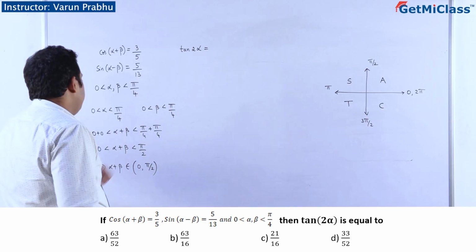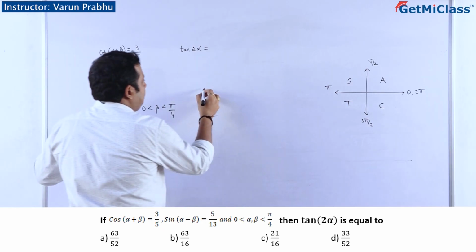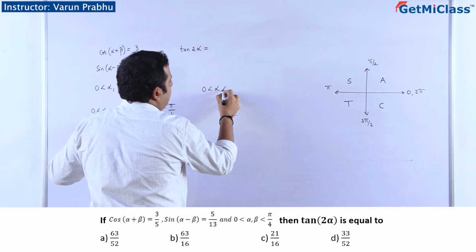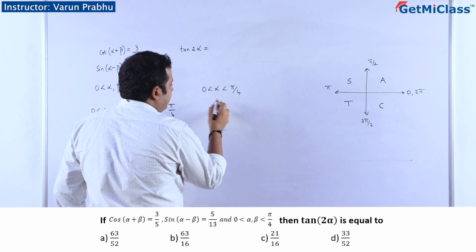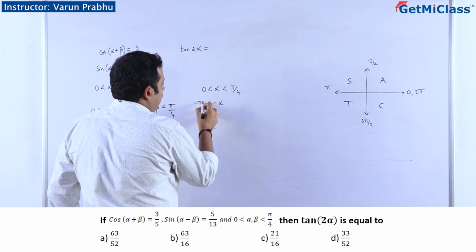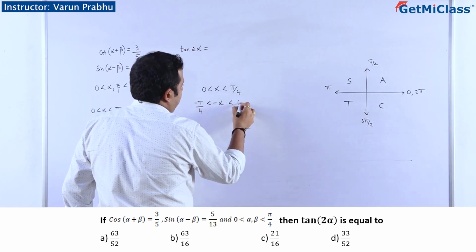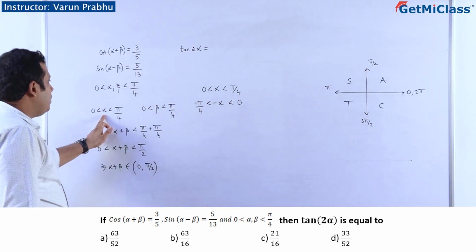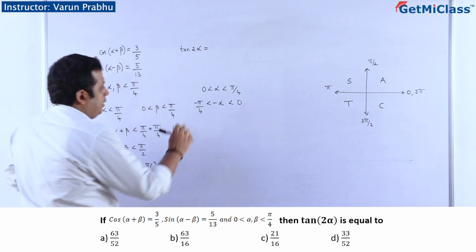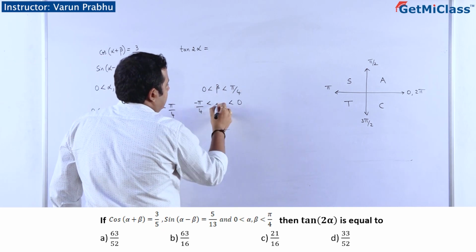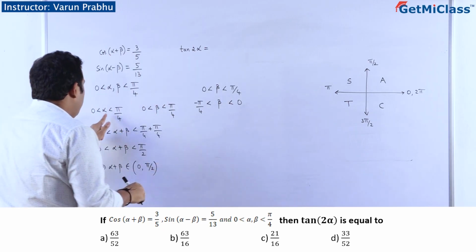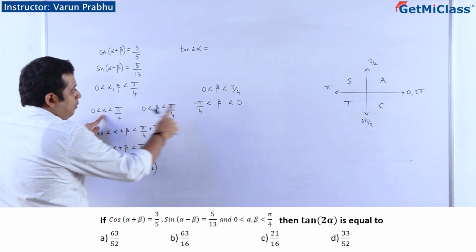Now, very similarly, see, 0 less than alpha less than pi by 4, is it okay? So, if I multiply by negative sign, then what will happen? The sign of the inequality will reverse like this, correct? So, now I want to calculate alpha minus beta, no? So, I'll do like this. This is for beta, I'll consider for beta. Now, what I'll do? I'll subtract this from this one.